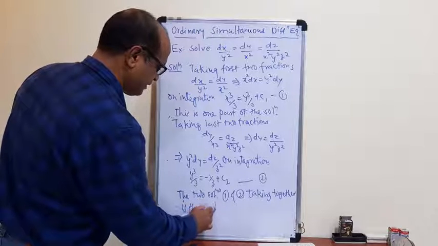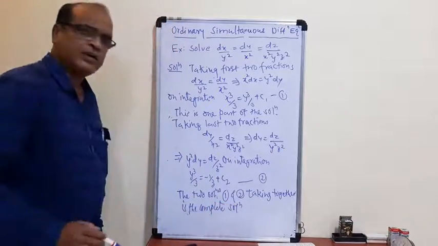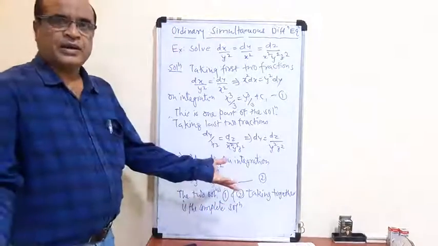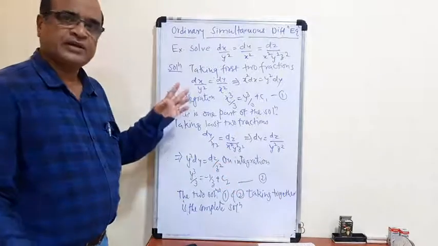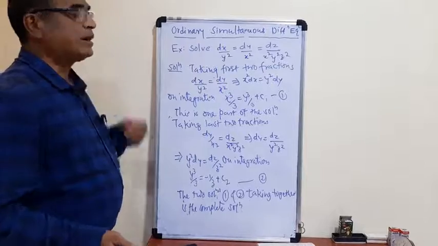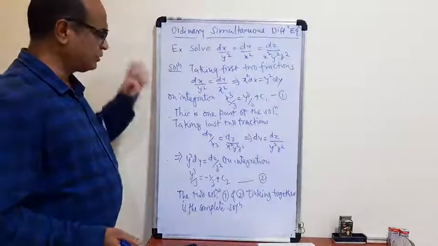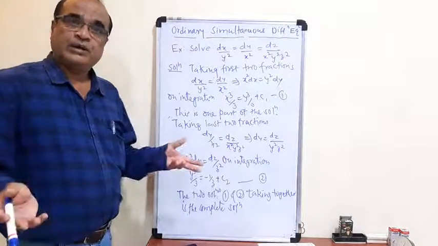So this is a simple method to solve the differential equation. But there is a problem. We can't solve each example by this method. So there are other methods. So here we took two examples and solved those examples by the particular case.